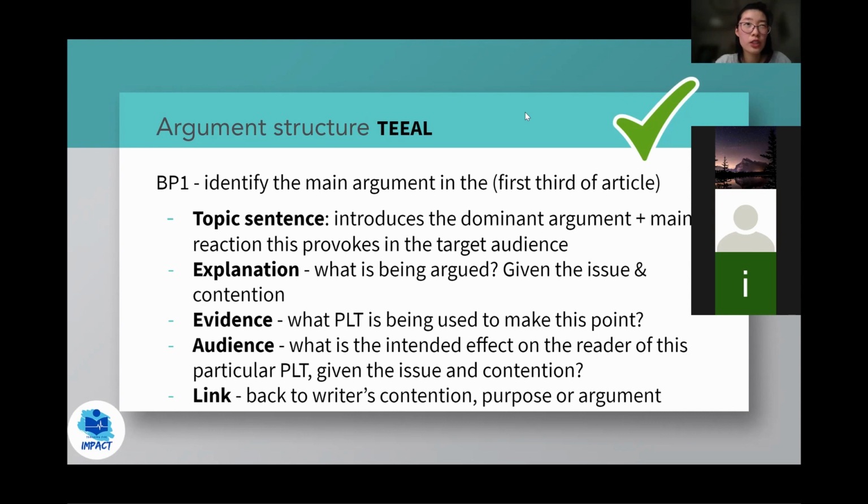It should also sometimes give away the purpose. So what I would do is, after figuring out the author's contention and the main purpose, that would help me to inform my discussion of the title.